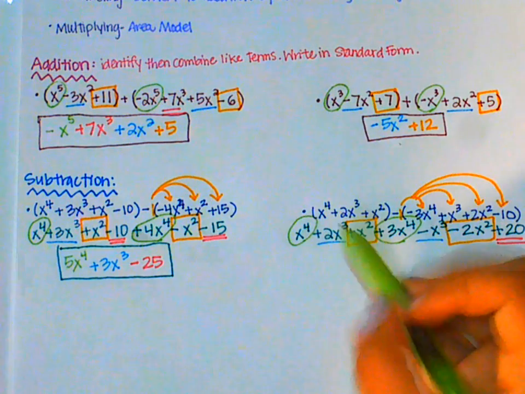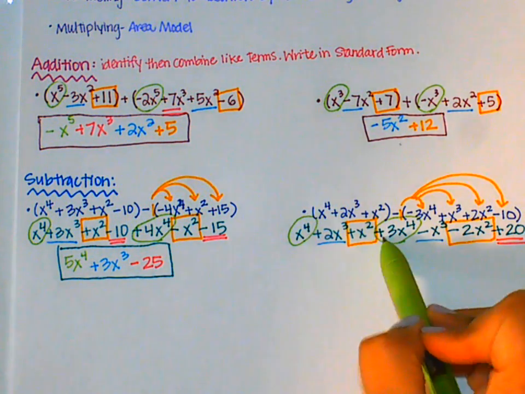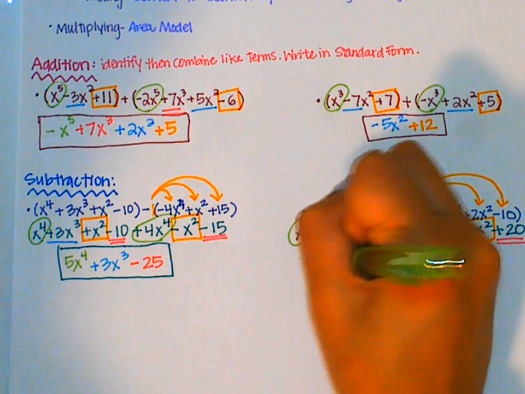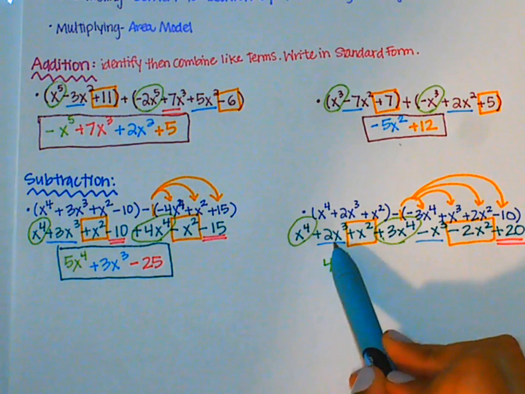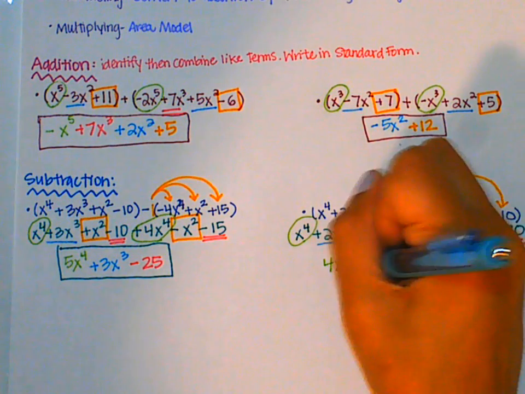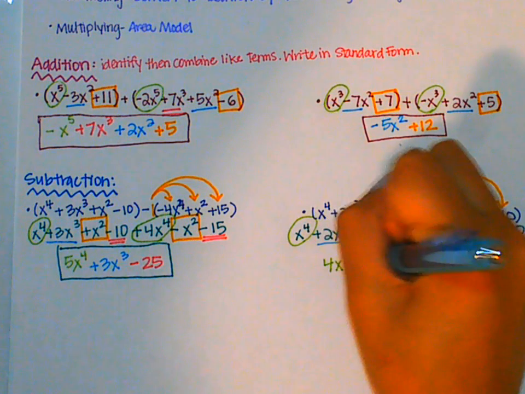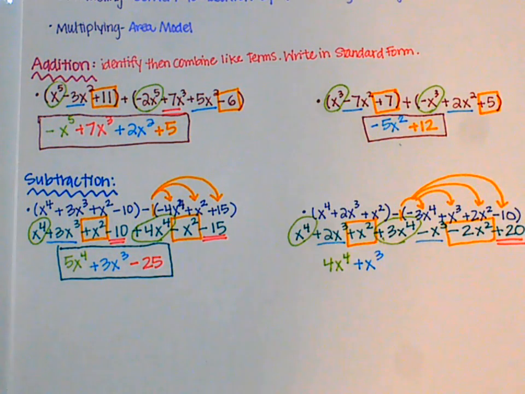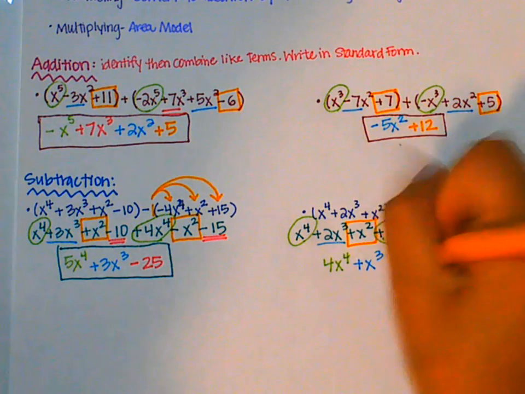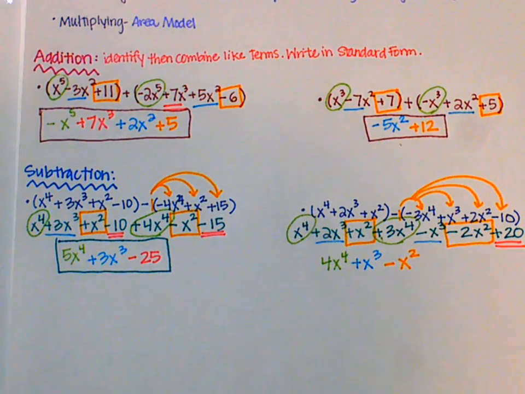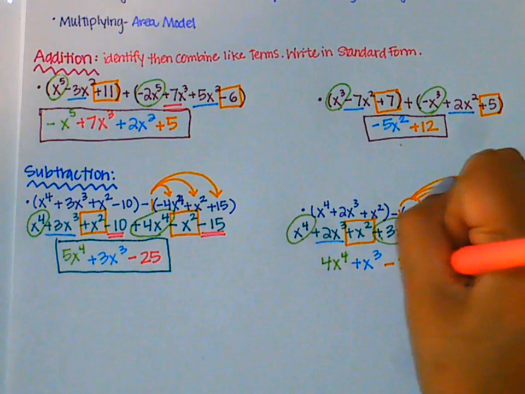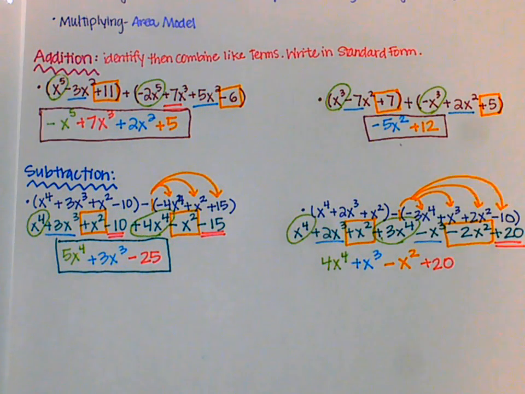Okay, so 1 plus 3 gives me 4x to the power of 4. 2 minus 1 gives me a positive x cubed. x squared minus 2x squared gives me minus x squared. And lastly, we have that positive 20.